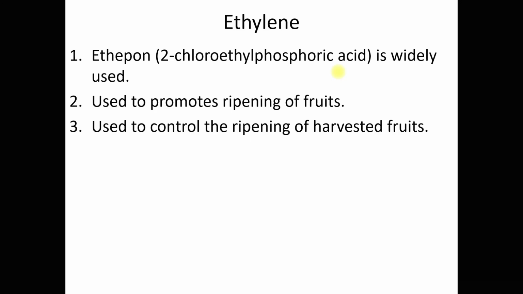When these fruits reach the destination, the supplier will spray them with synthetic ethylene. The synthetic ethylene will promote the ripening of the fruits, or it may control the ripening of the harvested fruits. Depends.